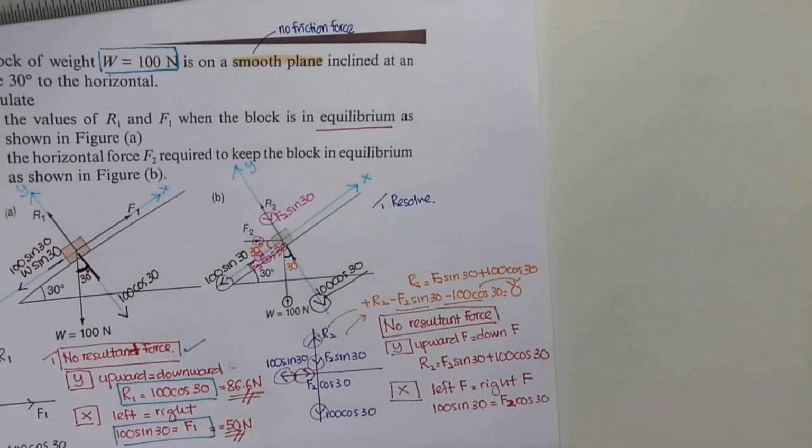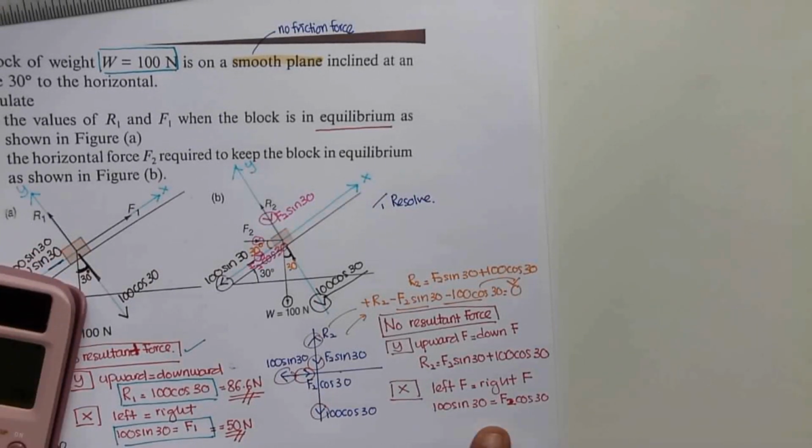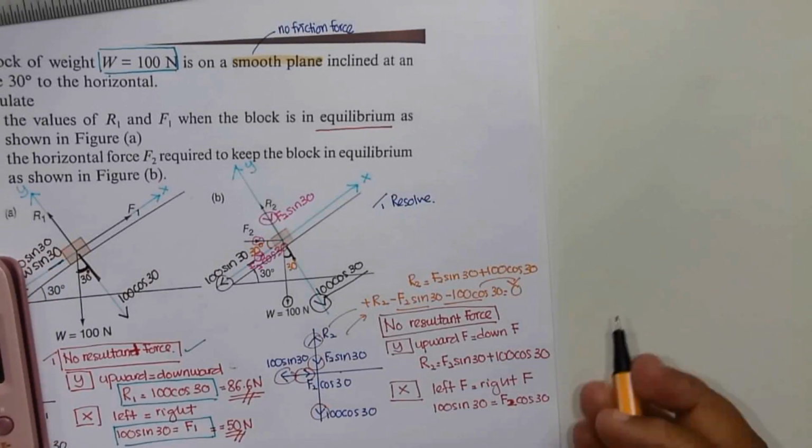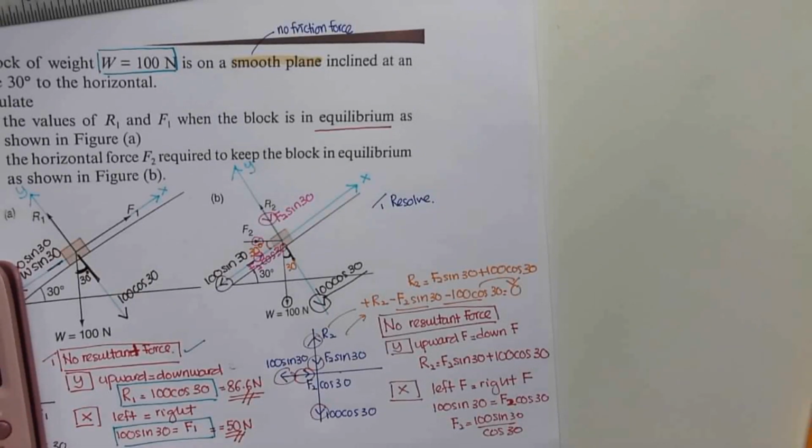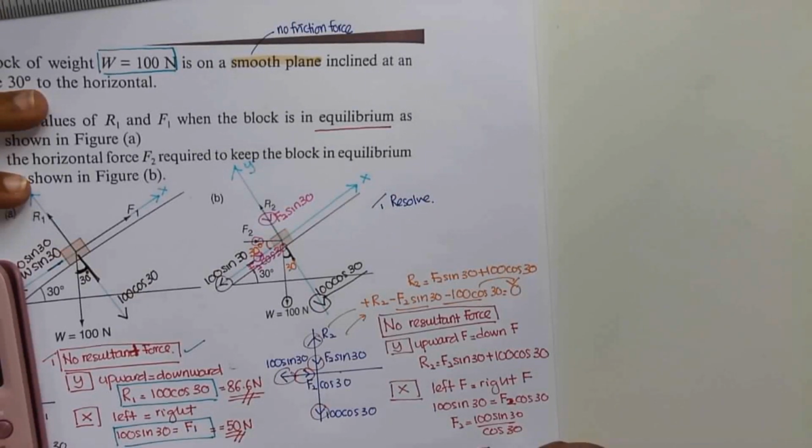So here, 100 sine 30 equals F2 cos 30. I can have F2 equals 100 sine 30 divided by cos 30. You can also use tangent. So what do I get? My answer is 57.7 Newton.